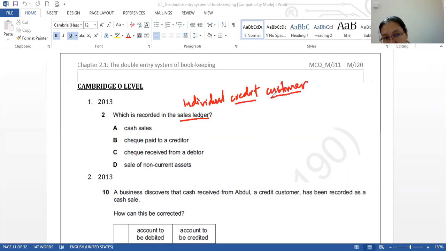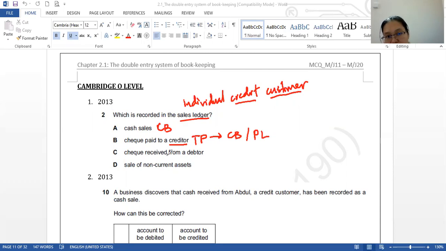Cash sales, where are we going to record? We record in the cash book. Check paid to the creditor. Trade creditor is the trade payable. So this one we will record in the cash book and also the purchases ledger.